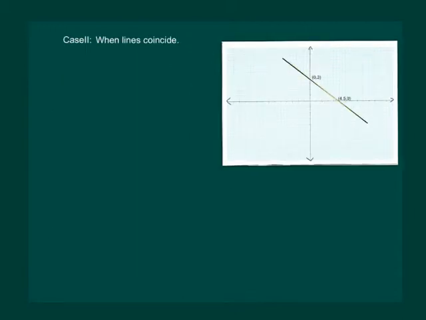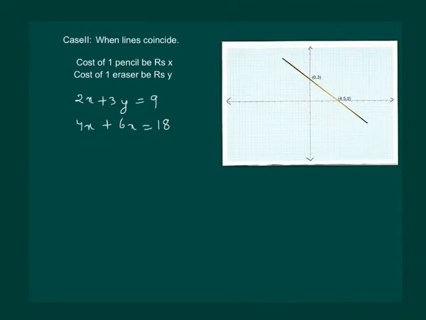The second case is when the two lines coincide, like in example 2, in which we had to find the cost of each pencil and each eraser, and two different situations were given with which we had these two equations. The graph was coincident lines.